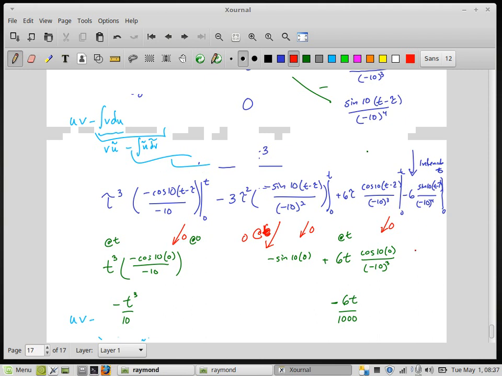At 0, we've got a sine, minus 6 sine 10t all over 10,000. And that's a minus sign. So that's the third term that comes down. We've got 3 expressions.